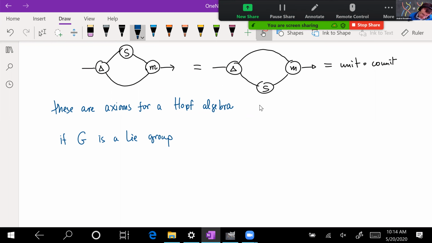So there's a duality that reverses arrows. And then for every Hopf algebra, there's a dual Hopf algebra. And so if I take the dual Hopf algebra for the group algebra here, it would be functions on my group.